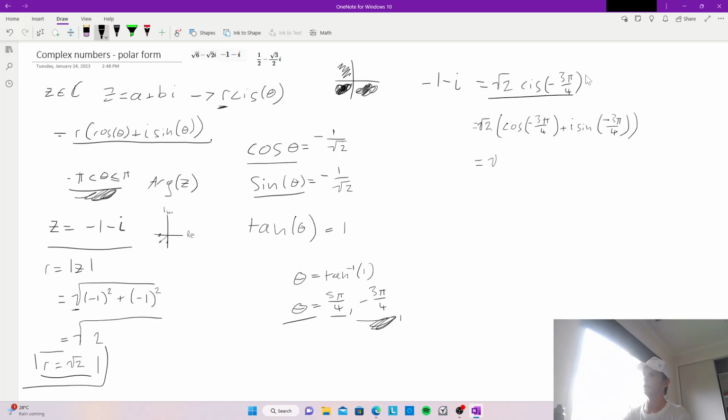And then we want to simplify what's inside our brackets first. So cos negative 3 pi on 4, cos values are negative, is just going to give us negative square root 2 on 2. And then plus i sine, that'll also give us negative square root 2 on 2.